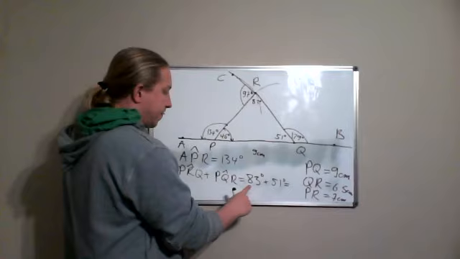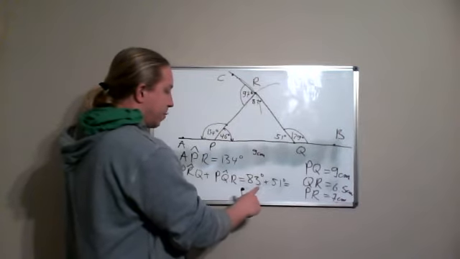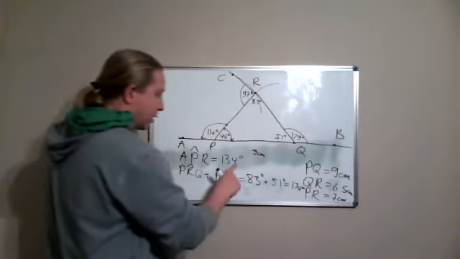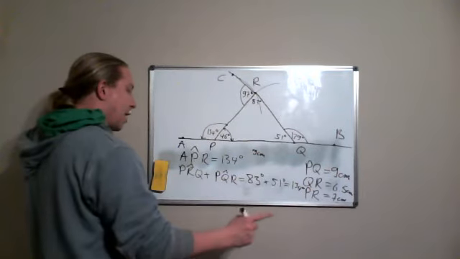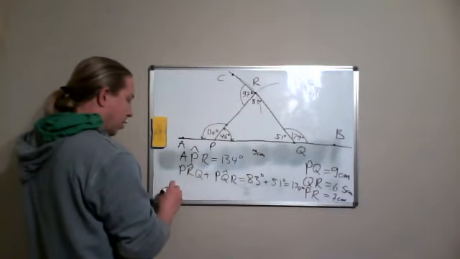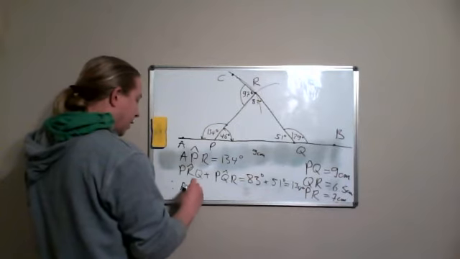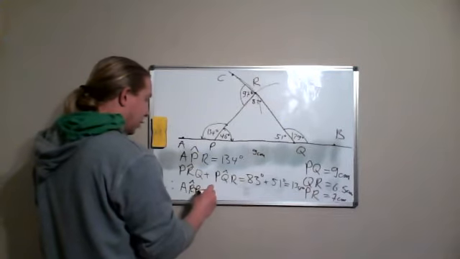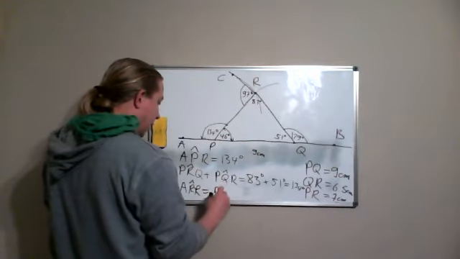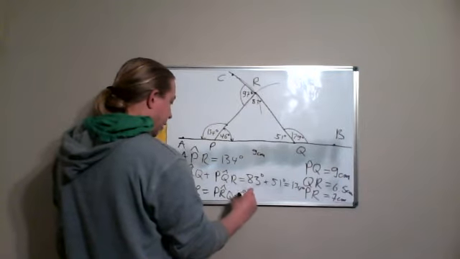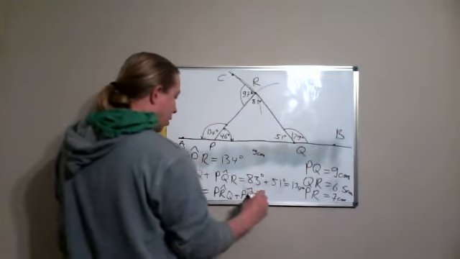We get 80 plus 50 is 130 plus 4, 134. Well, look, that's also 134. But now we need to say that they are equal. So we're going to say, therefore, angle APR equals angle PRQ plus angle PQR.